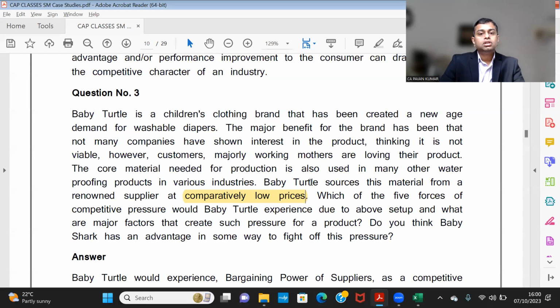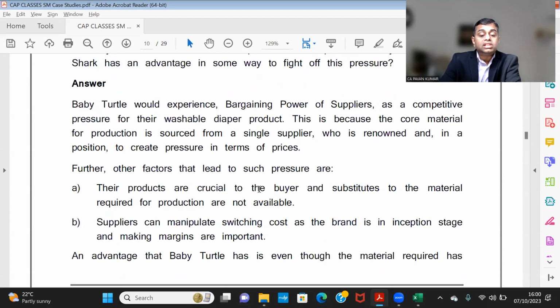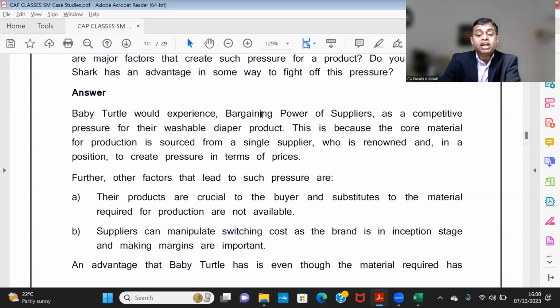That is the risk. So it is all about suppliers' bargaining power and availability of materials. The question is all about suppliers' bargaining power and availability of the product for you. This is the answer. Baby Turtle would experience bargaining power from suppliers as a competitive pressure for their washable diaper products.